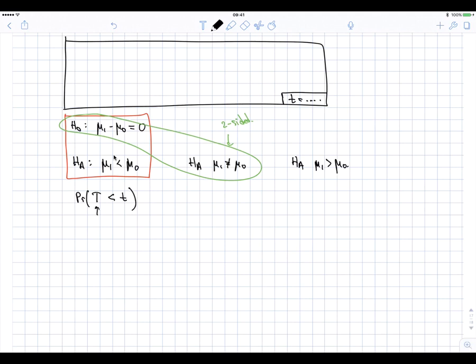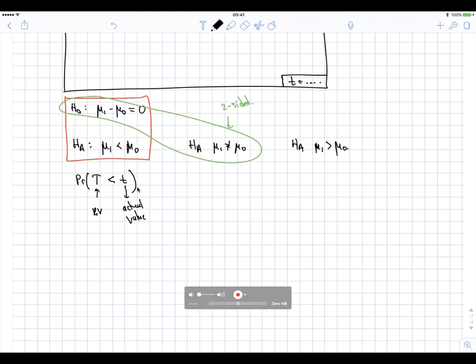So think of this as a random variable, and think of this as an actual value that comes from this bit here. So this is saying how likely is it to observe even more extreme values.